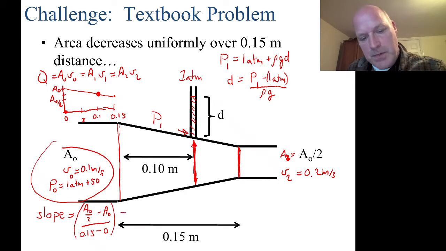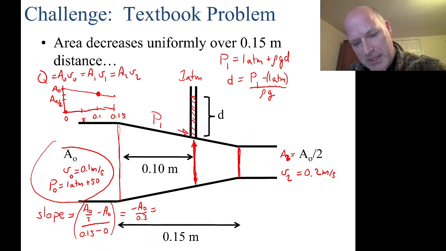So you plug that in, or you simplify, and we get 1/2 minus 1 becomes minus 1/2. It's going to be equal to minus A naught over 0.3, which is, it's not good to have fractions and decimals together. We're going to call this minus 10 A naught over 3.